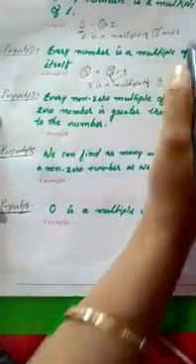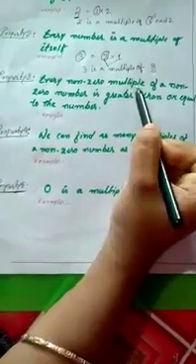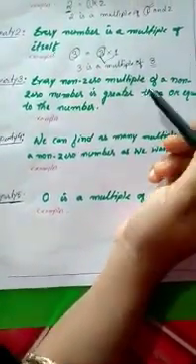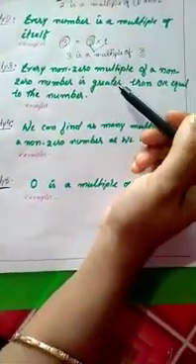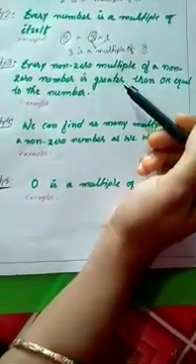Alright, now let's move to property number 3: every non-zero multiple of a non-zero number is greater than or equal to that number. As we have just told, a factor of a non-zero number is smaller than or equal to that number.